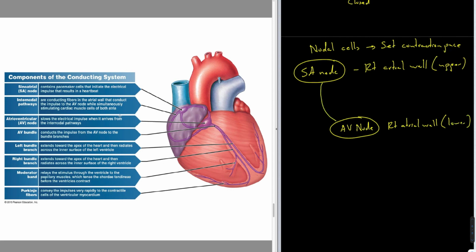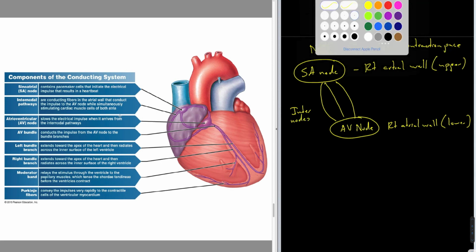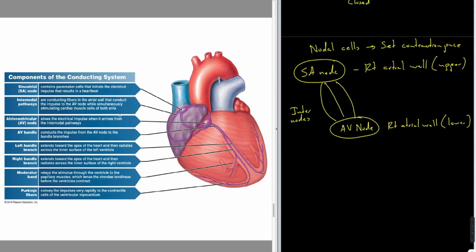There is a series of pathways that deliver the electrical current from the SA node to the AV node. We call these internodes. And so when the nodal cells send the electrical impulse down, that impulse carries down to the AV node and activates the AV node.